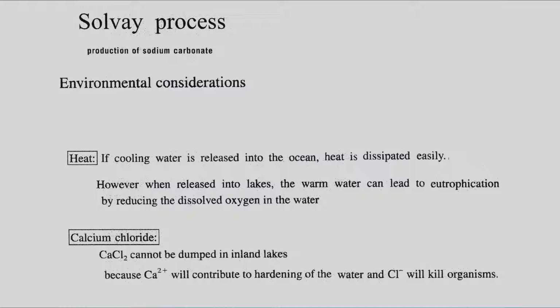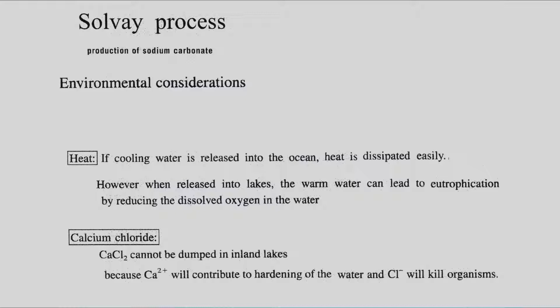And what happens if the river or the lake is getting warm? The oxygen doesn't dissolve in warm water. No oxygen, fish die, and further will lead to eutrophication.